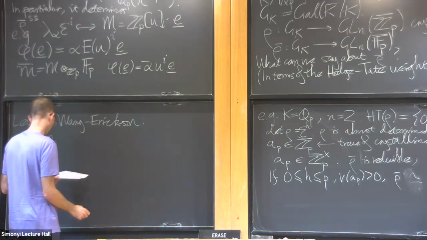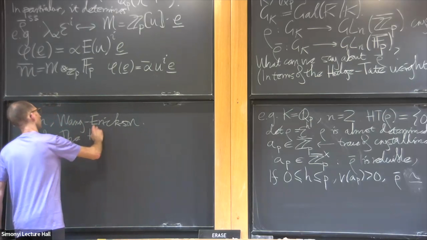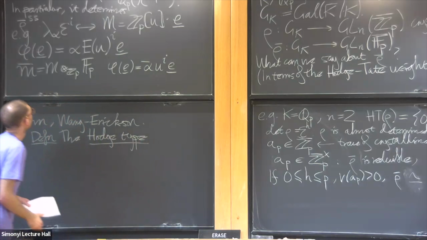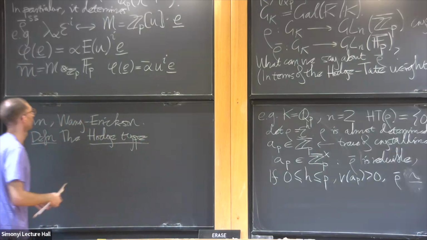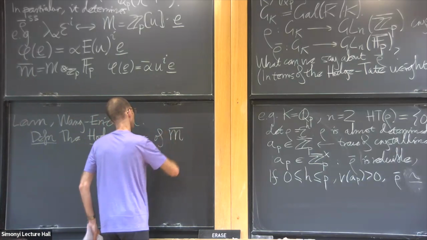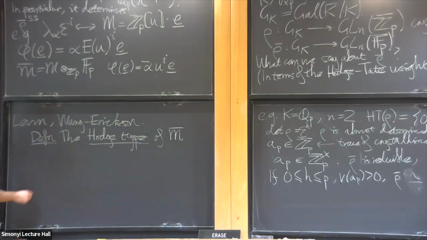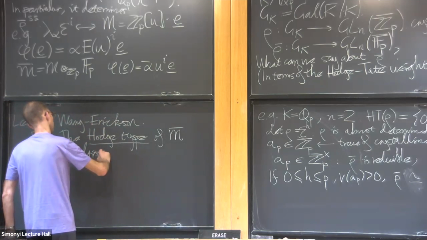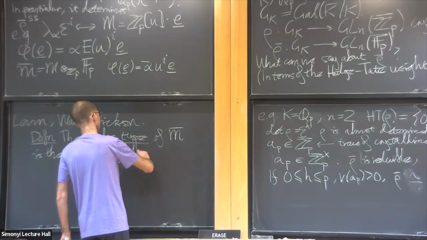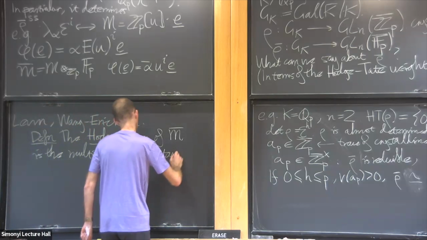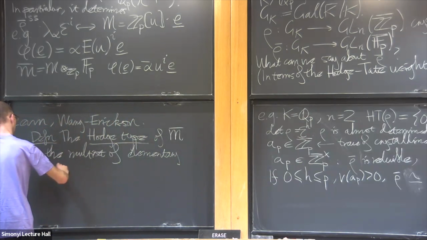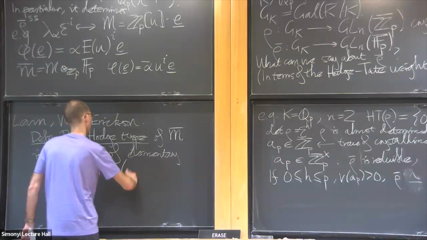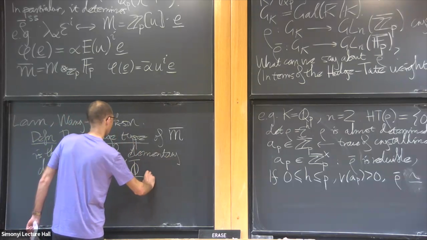They say that the Hodge type of a mod P Breuil-Kisin module M bar is just an n-tuple of integers, a multi-set, they may have repeated integers, of the elementary divisors of the cokernel of this linearized Frobenius. I should indicate that it's for M bar.